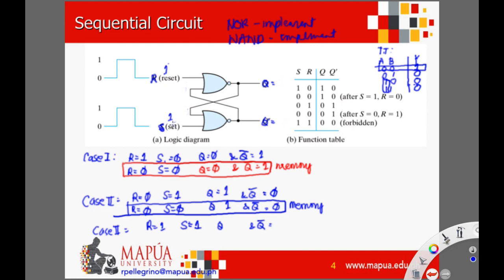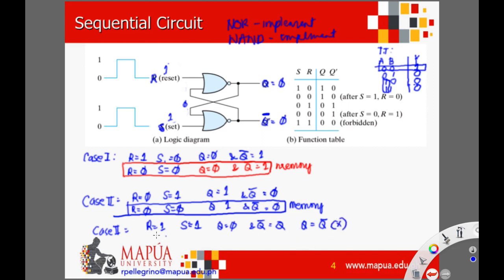Whenever you have 1 and 1, Q is equal to 0, and 1 and 1 NOR 0 is still 0. So it is not the correct way, since it should be a complement. You have 0 and 0, which means your Q is equal to Q bar, which is basically false.